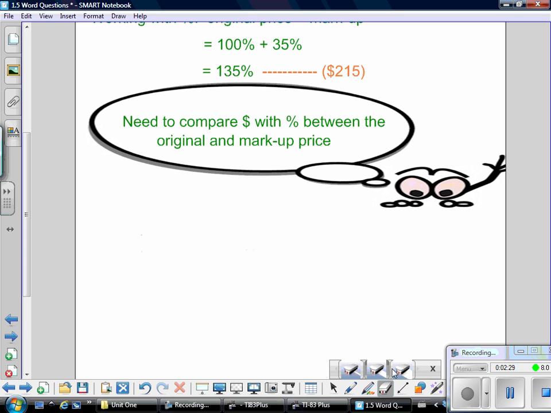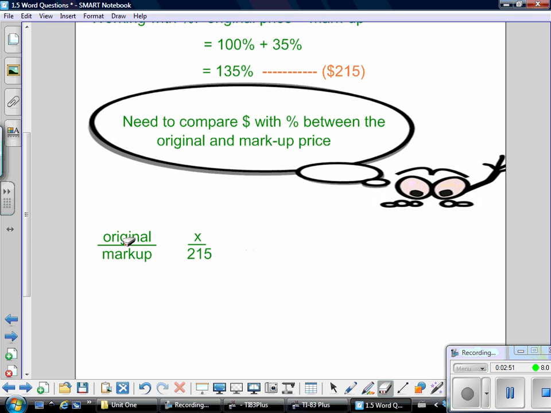That's the first thing I'm going to do. I have my original with my markup. My original, I don't know it. That's what I need to find, so I'm just going to give it an X value, but I do know the markup cost is 215. So that's the total markup.